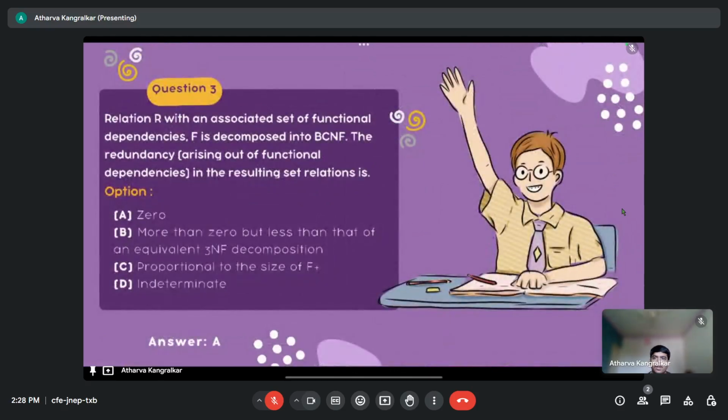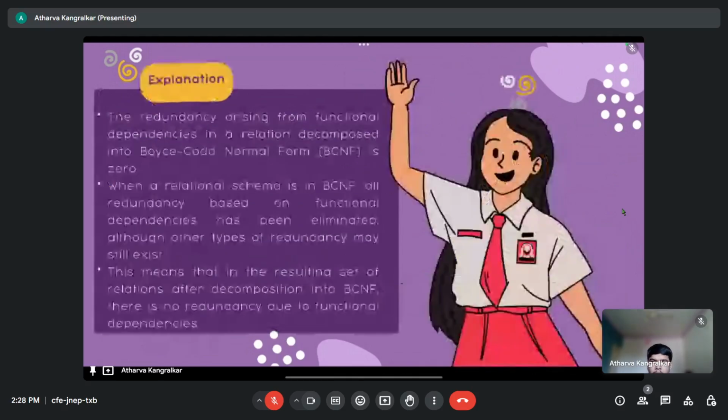So the next question is, relation R with an associated set of functional dependencies F is decomposed into BCNF. The redundancy arising out of the functional dependencies in the resulting set of relations is... So there are four given options. The correct answer is A. So the explanation is the redundancy arising from functional dependency in a relation decomposed into BCNF is zero.